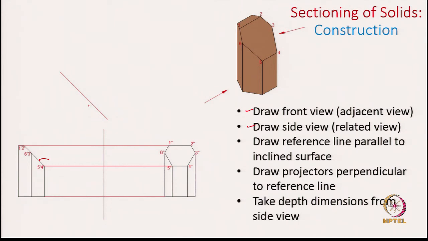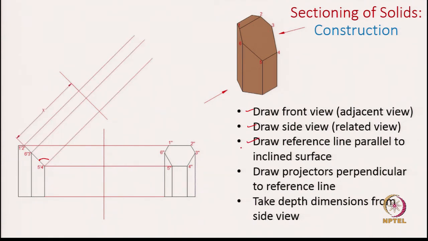That is immaterial, you can choose any length, but you should plan it in a way that when you capture the auxiliary view it fits on the drawing sheet. So, the distance between this edge and the reference line is up to you. You can take it either too close or too far, but make sure that the auxiliary view fits in your engineering drawing. Okay.